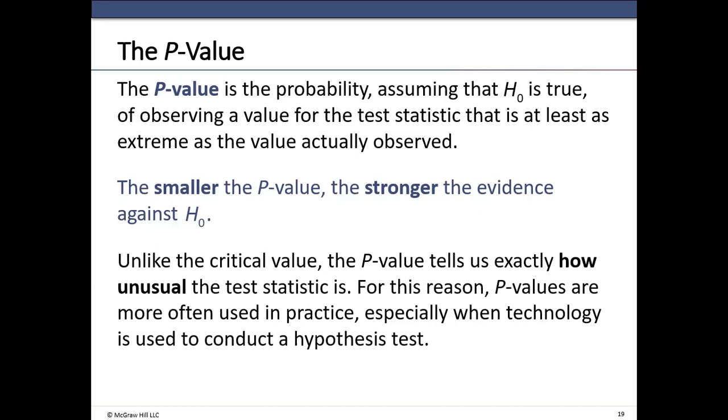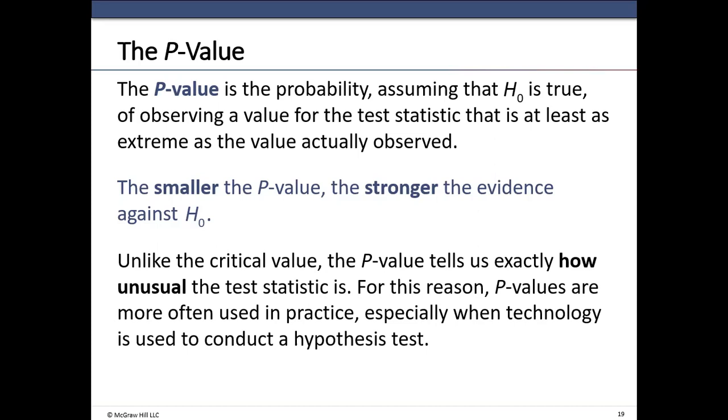And the alternate hypothesis can be HA: mu not equal to what we have stated in the null hypothesis. Then we compare our sample mean to the hypothesized population mean to calculate the test statistic.